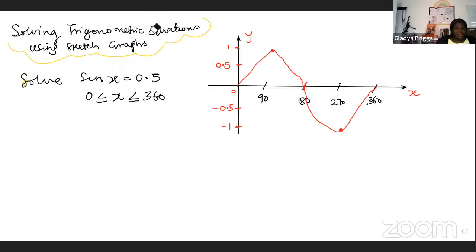Okay, so you sketched it. Once you sketched it, then go to your calculator. If you know that sine x is equal to 0.5, then what is x going to be equal to on your calculator? Use your calculator to find the sine inverse of 0.5.